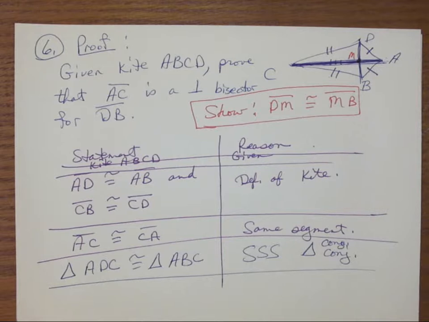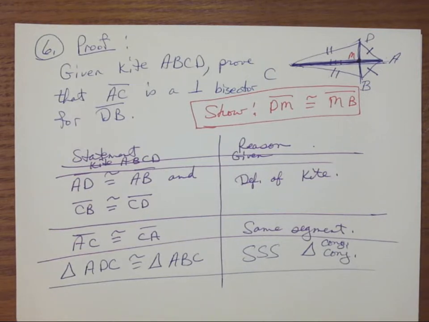So we know that one for sure. Because of that, and in your notes it says the reflexive property, but that's the same segment, it means the same thing. Because of that, I know that all the little parts and pieces inside of those triangles are congruent to each other.